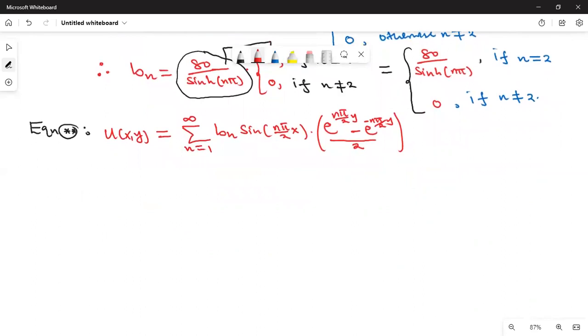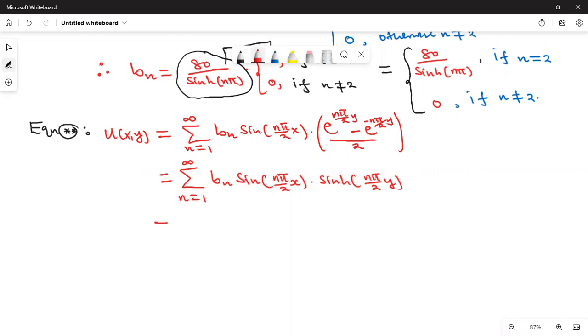So this you can as well write as the sum from n equals 1 to infinity of Bn sine n pi over 2 x times hyperbolic sine of n pi over 2 y. But we know the value of Bn: when n is 2, it is supposed to be 80 over sine hyperbolic of n pi.